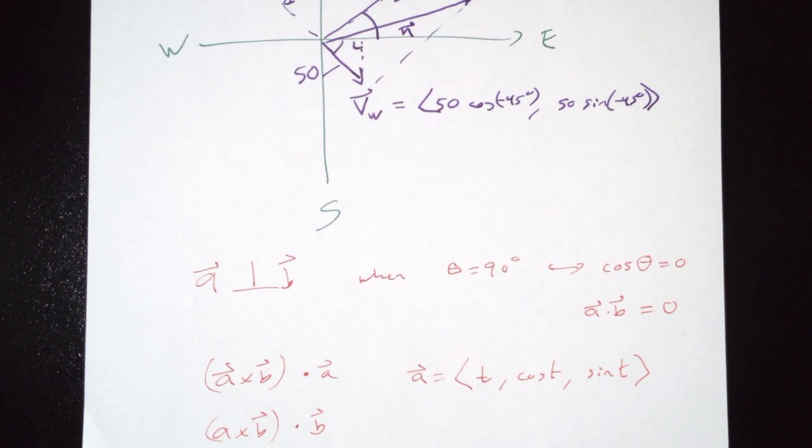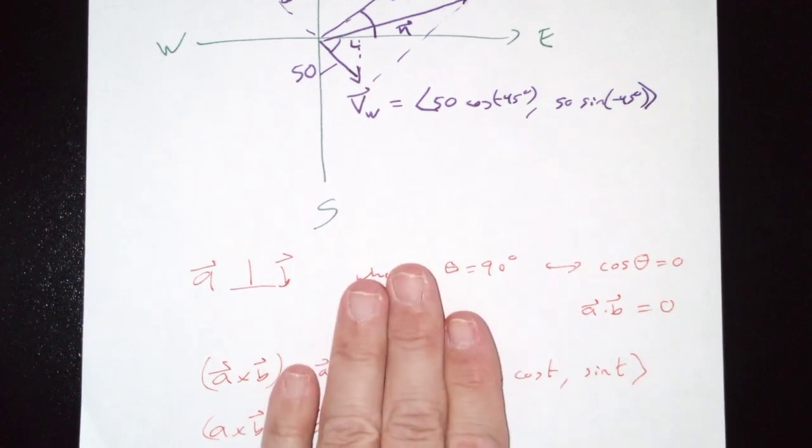But if you picked a number for T, this would give you some point in three-dimensional space, right? And as T changes, that point's going to change. I've done this before, last semester, but with just 2 of them instead of 3 of them.